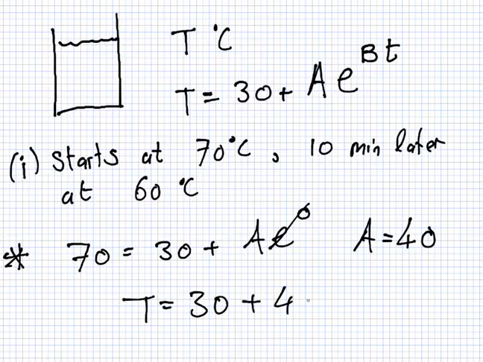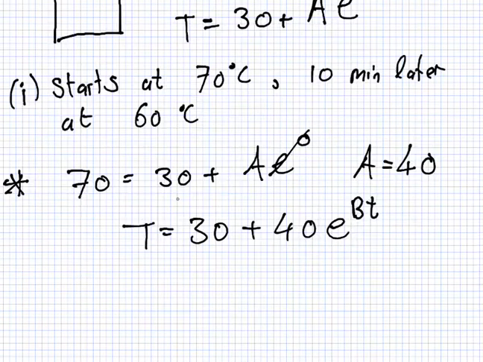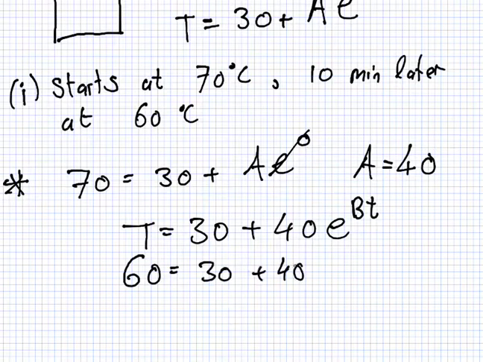A is 40. So now we have this formula. Why do we get that? e power 0 is 1. Now I want to find the B. I'm told 10 minutes later it's at 60. So that means this will be 60 when the t is 10.